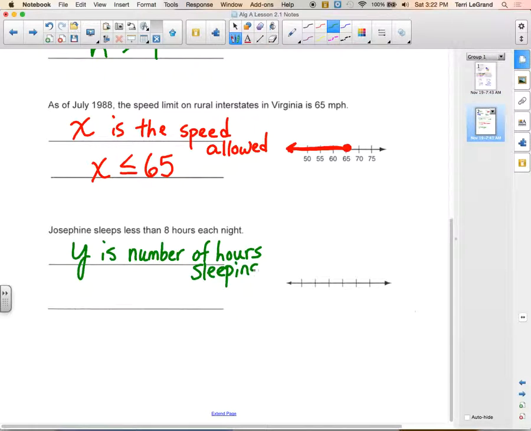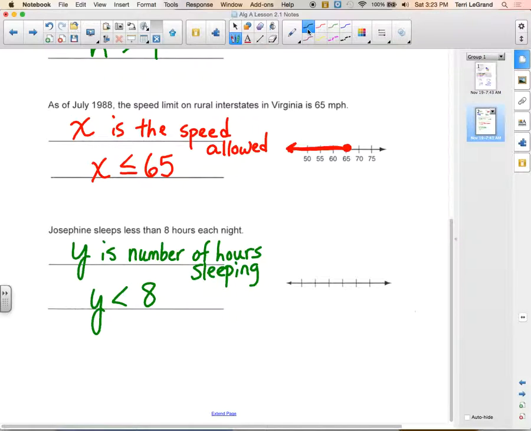Okay, number of hours sleeping is really what we're going to represent here. So Josephine's number of hours sleeping, y. She sleeps less than 8 hours, so she doesn't even sleep 8 hours, so we can't include 8. 8 is our starting point, but she sleeps less than, so our inequality has to be y is less than 8.